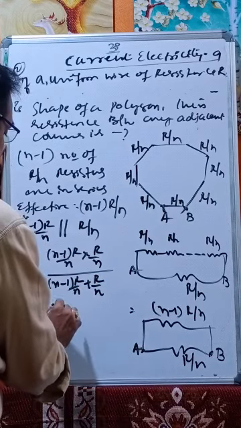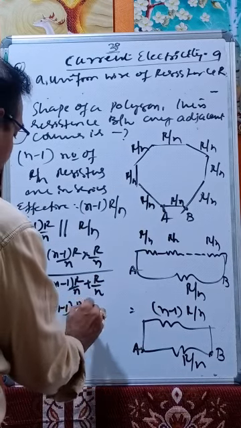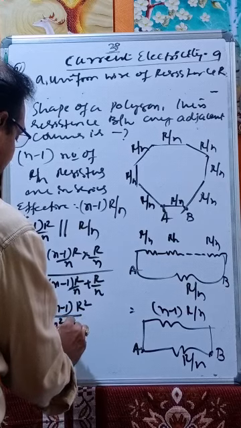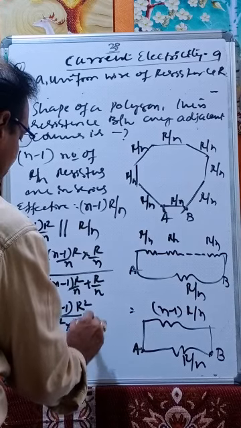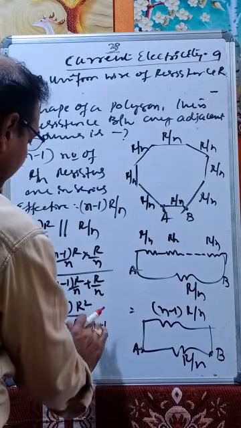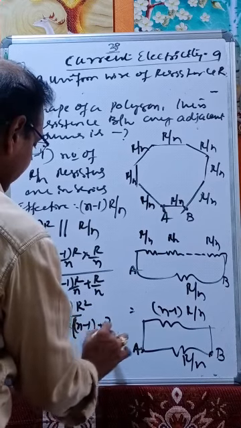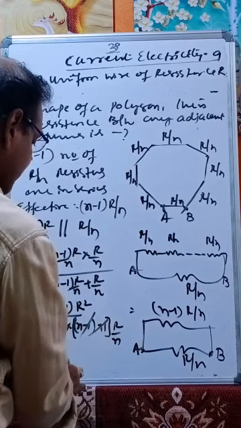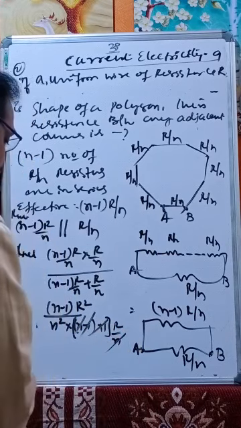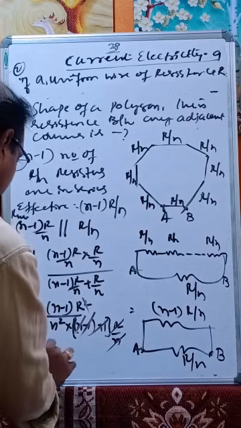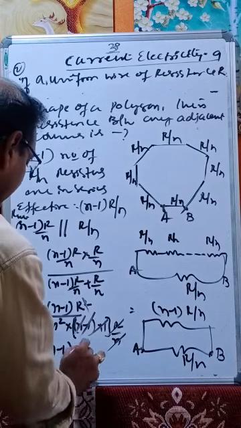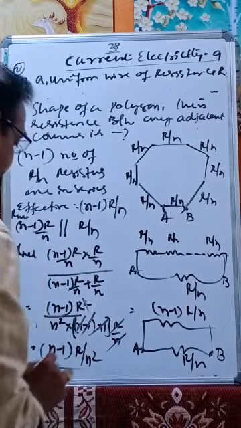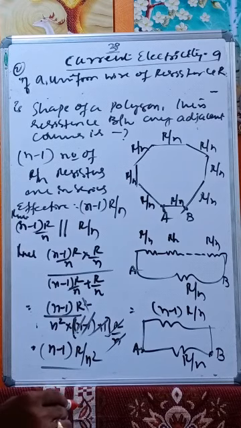This becomes n minus 1 R square by n square, divided by R by n into n minus 1 plus 1. The 1 gets cancelled, n also gets cancelled, R gets cancelled. That equals n minus 1 into R by n square.